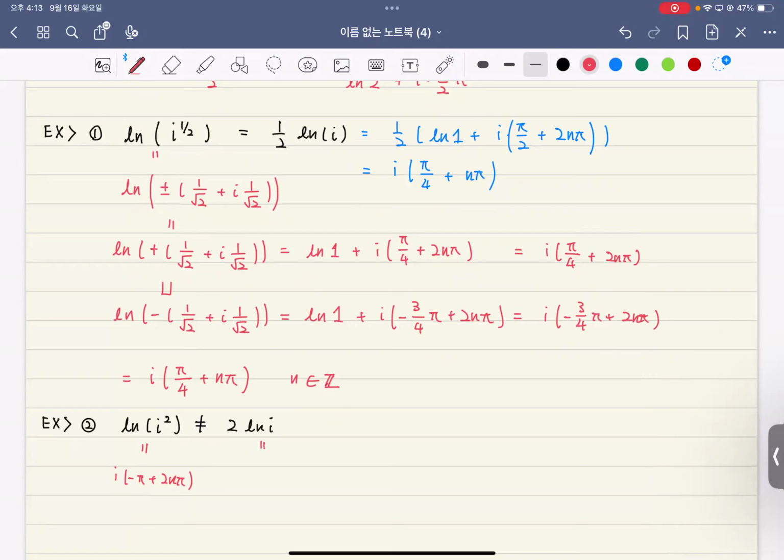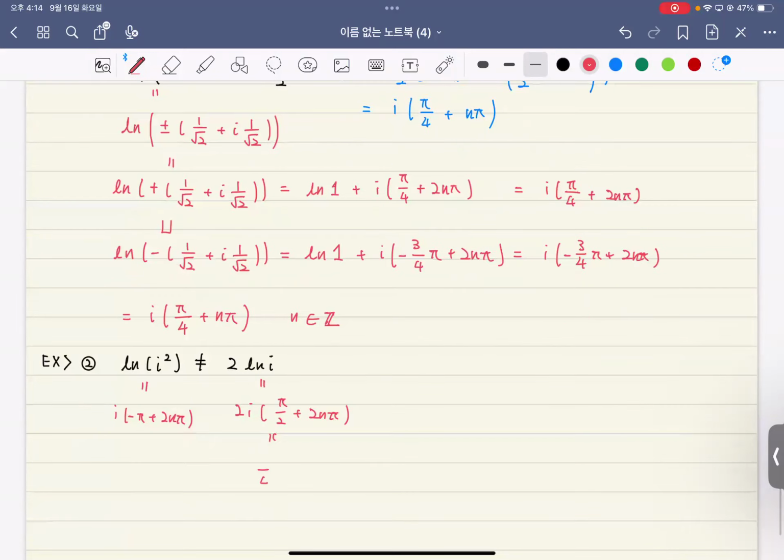But in this case, this is 2 times i times (pi over 2 plus 2 n pi), which is i times pi plus 4 times n times pi, right?